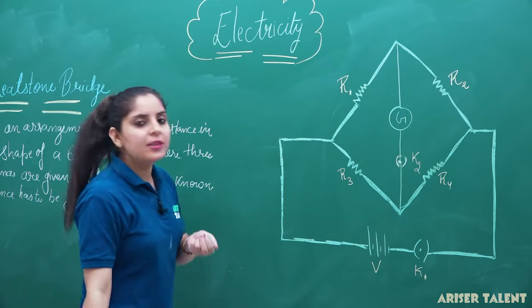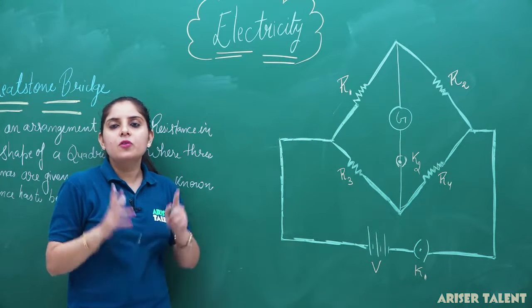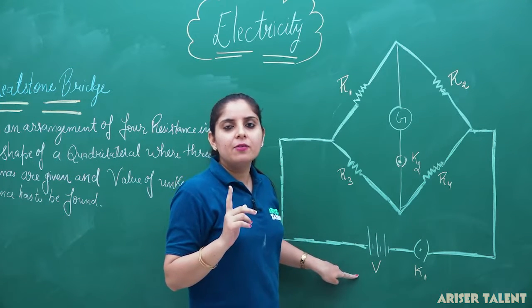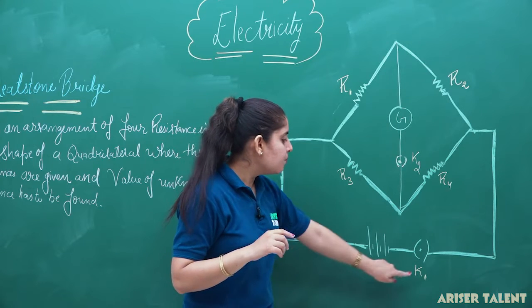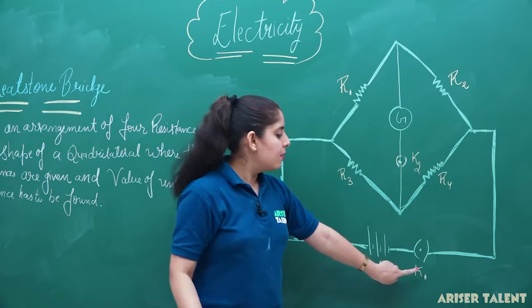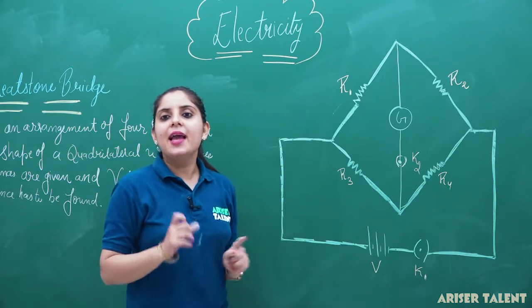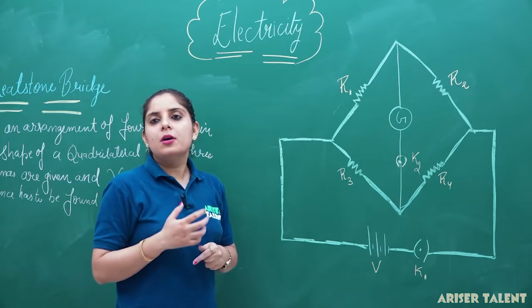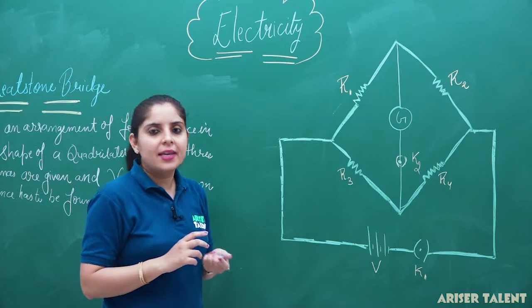So, we have used 4 resistances, 1 battery with EMF E and voltage V, and 2 keys, K1 and K2, and 1 galvanometer, which will show a deflection when there is a potential difference across its ends.